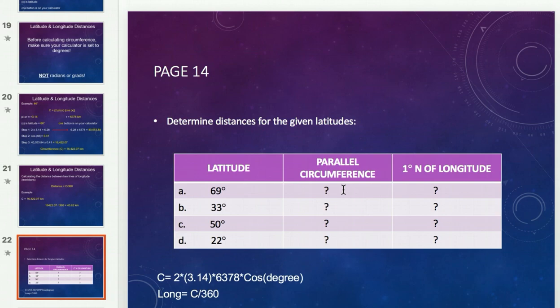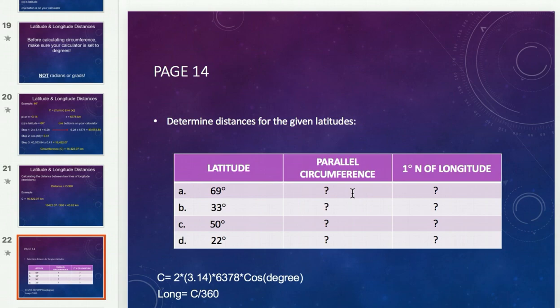I'm a little tired because I've been doing schoolwork. Then 40,053.84 times your cosine, which is 0.36, equals 14,419.38 kilometers. So you'll have that right here.